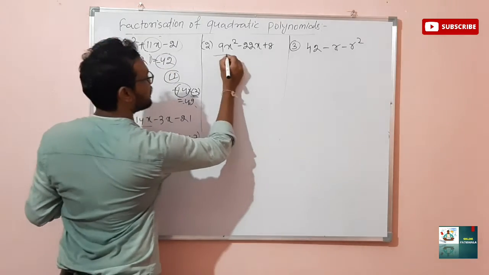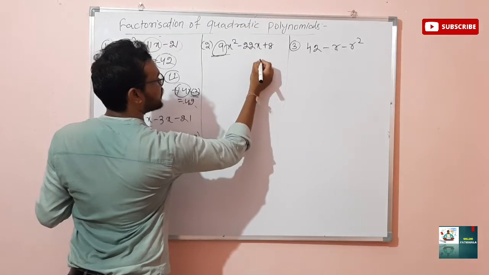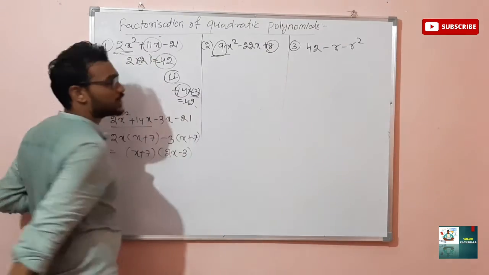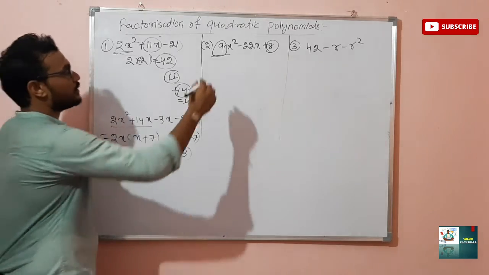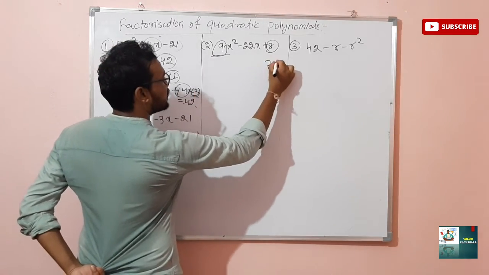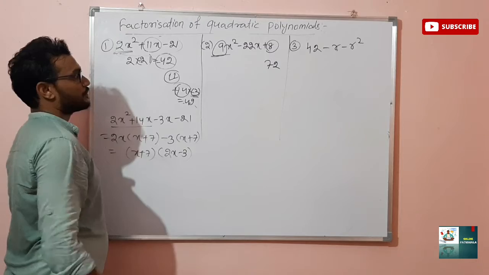Here also two numbers are given. The coefficient of x square is 9, and the constant term is 8. So we multiply them and get 72.